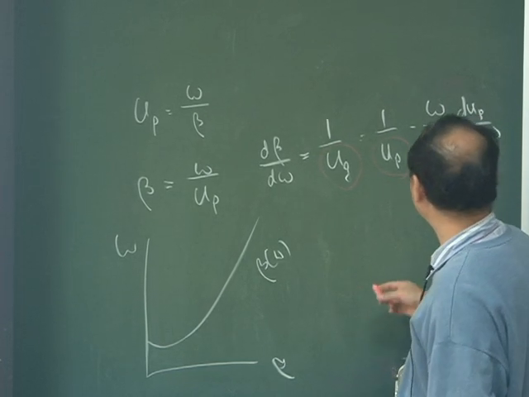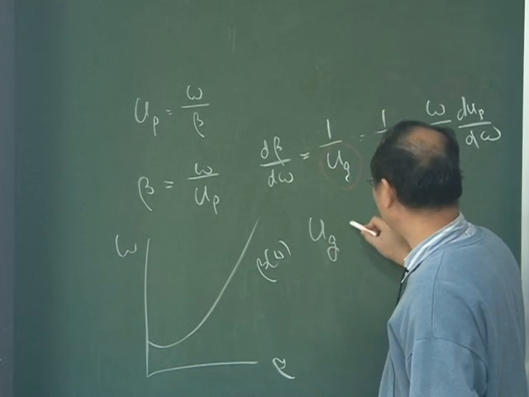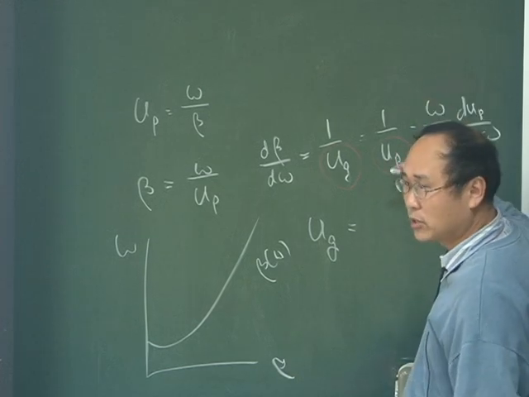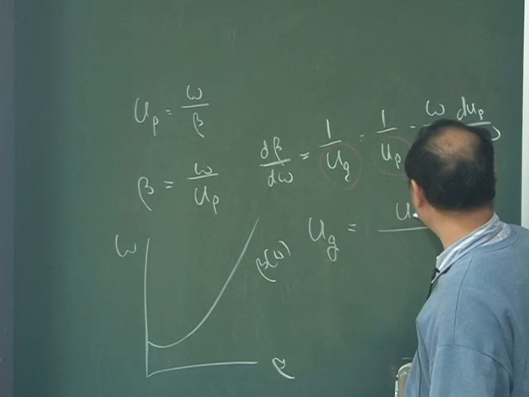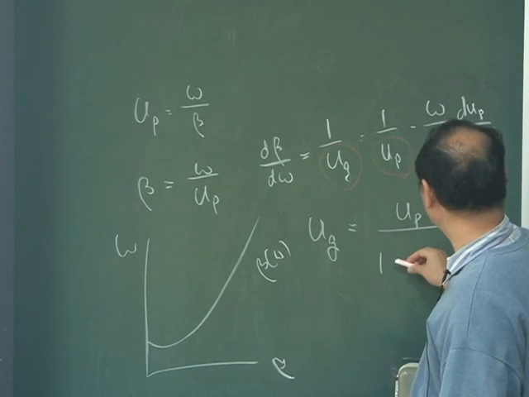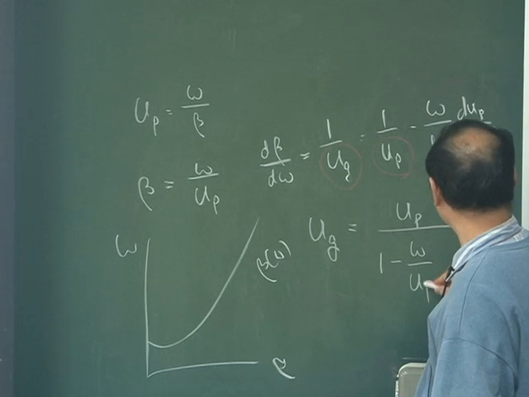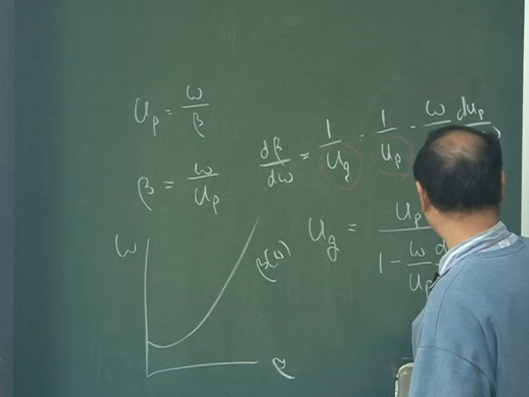Okay, so you can continue to organize it to UG, the group velocity, equal to the inverse of this. So you have UP times 1 minus omega over UP, DUP d omega, inverted.